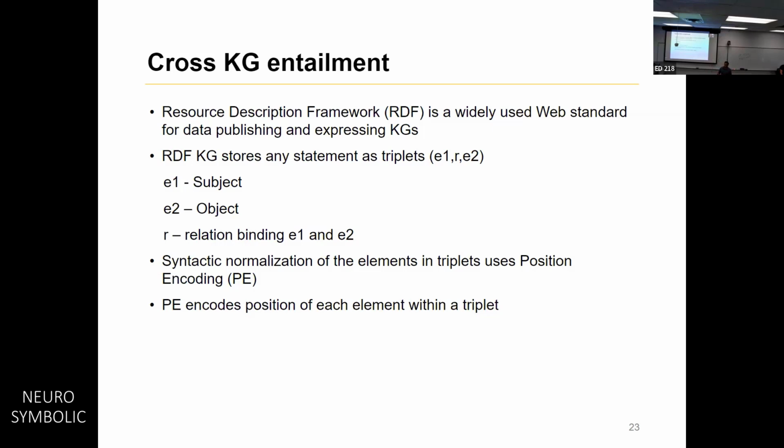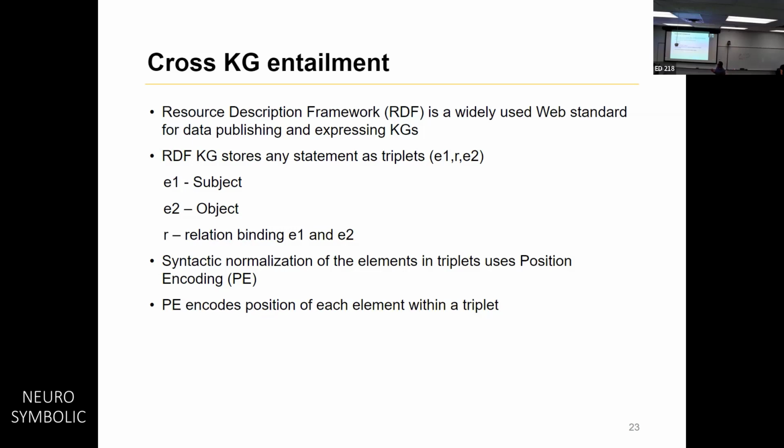In RDF, we have triplets, E1, R and E2, where E1 is the subject, E2 is the object, and R is the relation. For example, in the sentence Ethan gets Anirudh, Ethan is the subject, the object is Anirudh, and the relation is given. That's how it's represented.